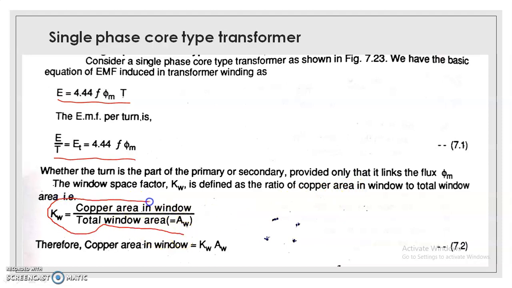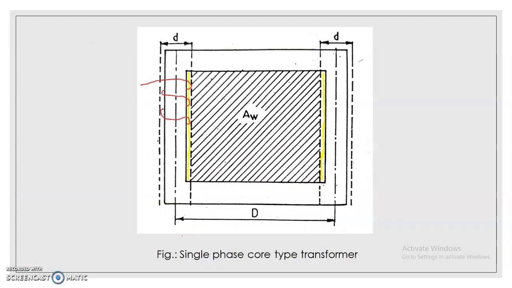This is the mathematical equation for window space factor. Kw equals copper area in window divided by total window area. As we saw in the last diagram, this yellow shade indicates the copper area in the window, and Aw indicates the window area.